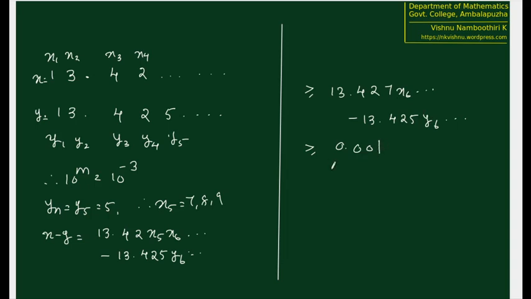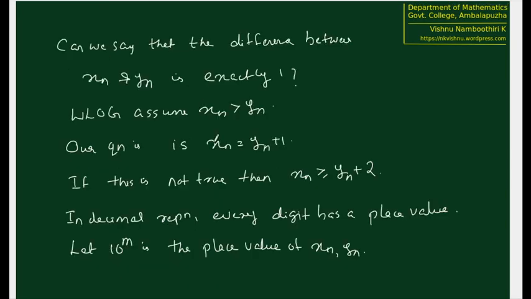So what we can say is at most that this is going to be greater than or equal to 0.001, and this is equal to 10 raised to minus 3, where 10 raised to minus 3 is the position where the change occurs for the first time, where the difference in x and y occurs for the first time. So if you look at the general case, here we have 10 raised to m is the place value of xn and yn, where the difference in xn and yn occurs for the first time, and xn is greater than or equal to yn plus 2.